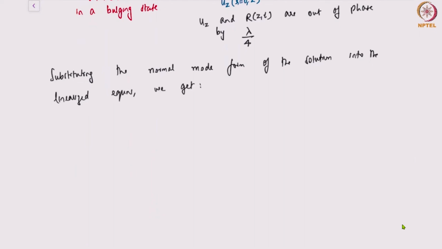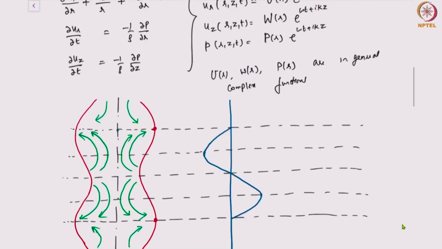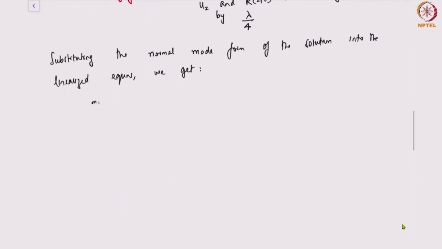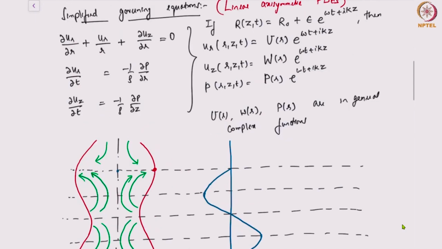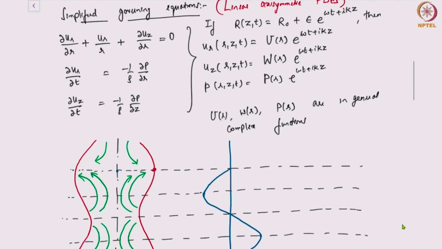Let's do the continuity equation. If you look at the continuity equation, what's the first term that we have? We have del u r by del r, but here only capital U of r is a function of r.